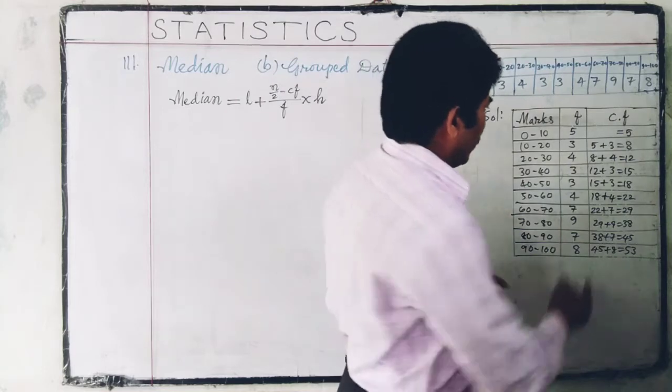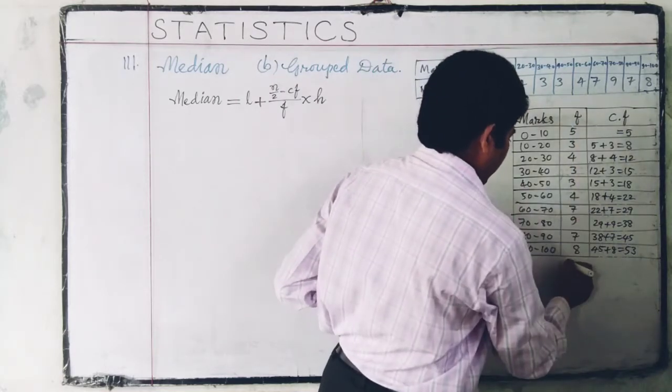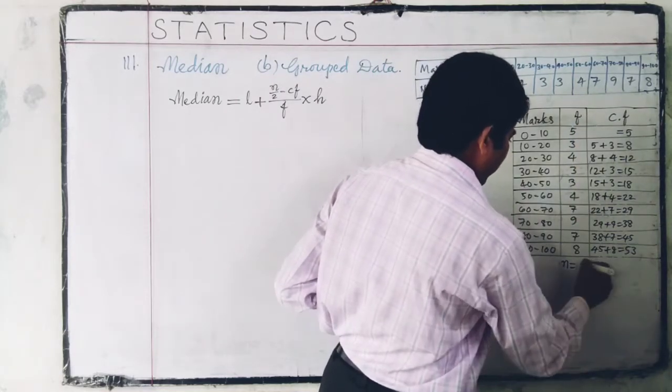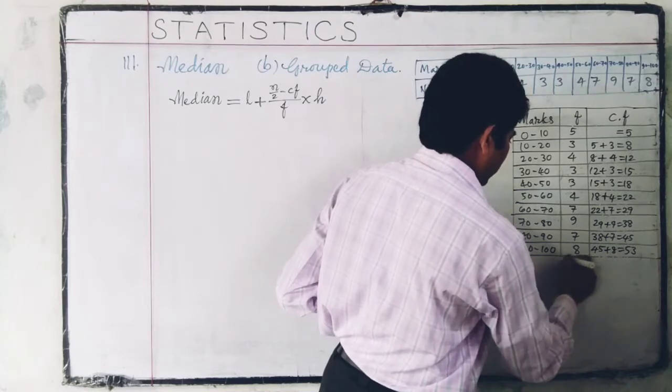So the total number of frequencies n is equal to 53. So this we need.